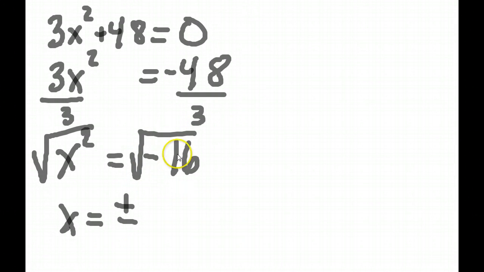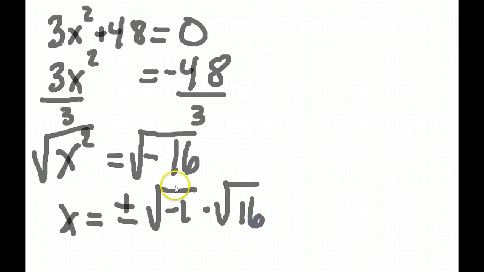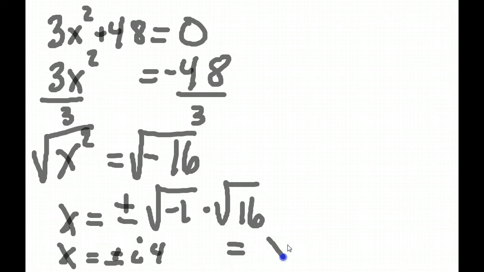You have to take out that negative 1. So we have plus or minus the square root of negative 1 times the square root of 16. x equals plus or minus i, because that's the square root of negative 1, times the square root of 16, which is 4. So our answer is x equals plus or minus 4i.